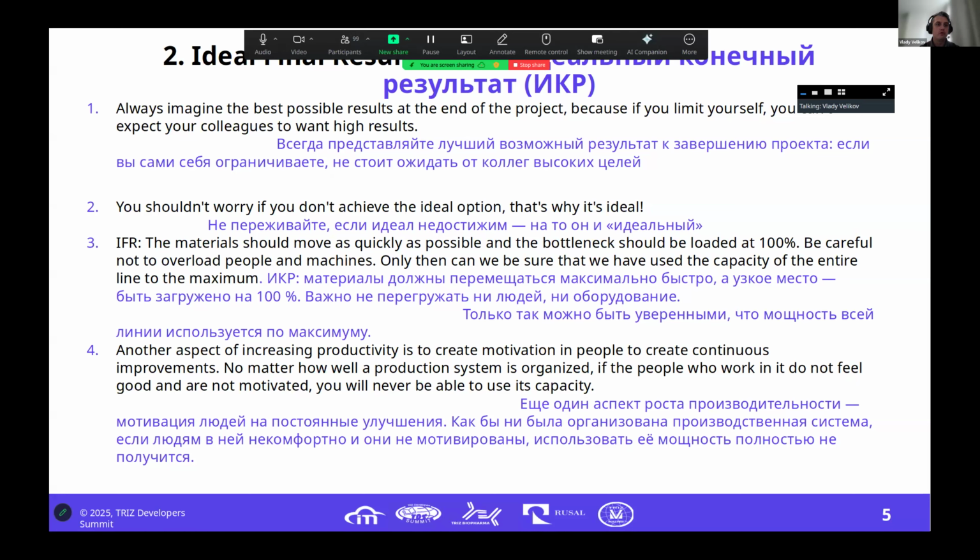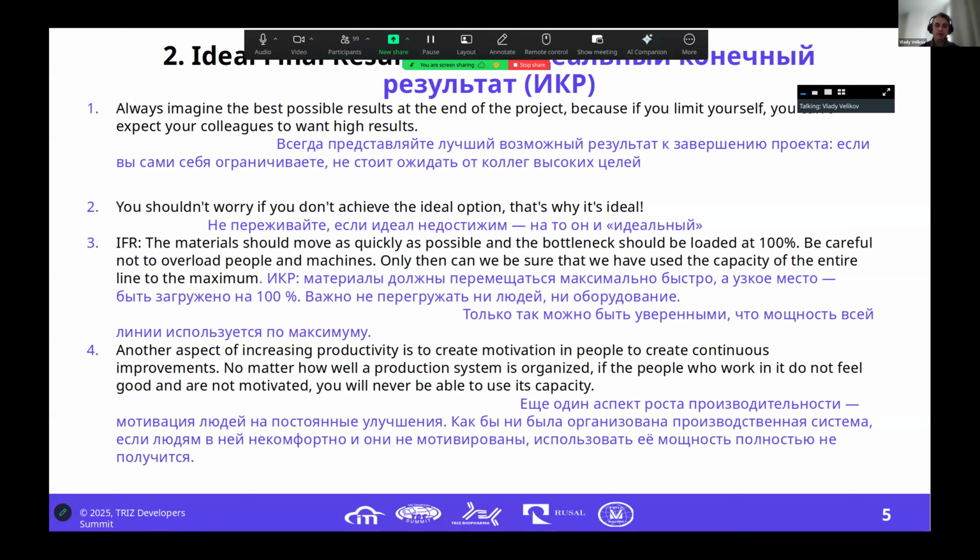Be careful not to overload people and machines. This is very important. Only then we can be sure that we can use all the capacity of the machine and the entire line, of course. Another aspect of increasing productivity is to create motivation in people and to create continuous improvement.